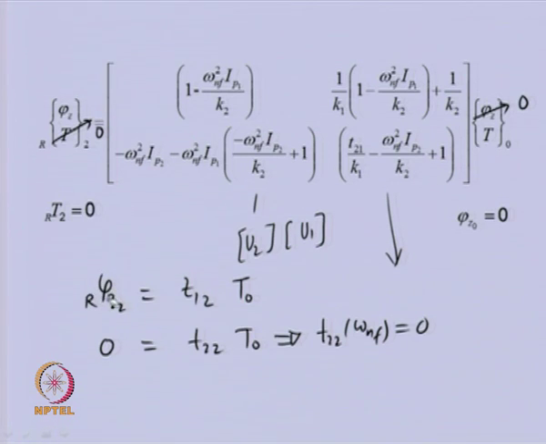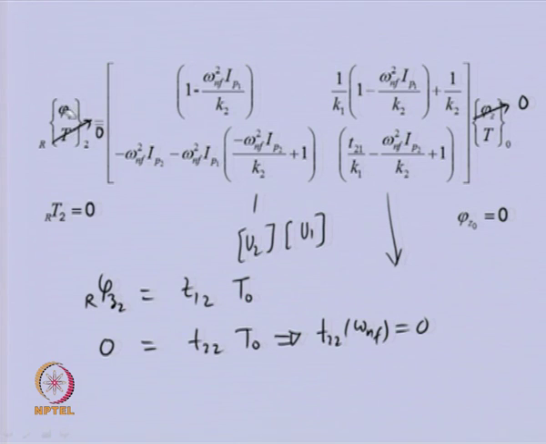So once we know this, that means we have the state vector at station 2 known. This is 0 and this is T12, and T12 is a function of natural frequency. So if we want to obtain the displacement for a particular frequency, we can substitute that frequency here to get that displacement.